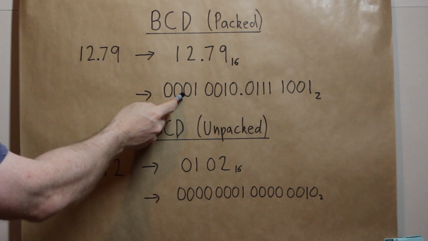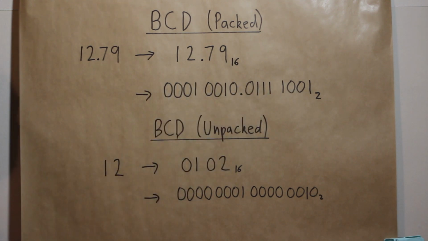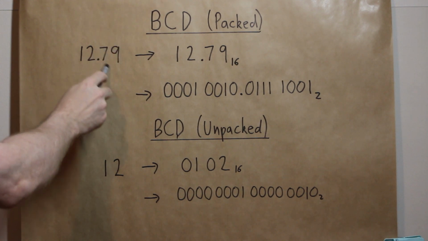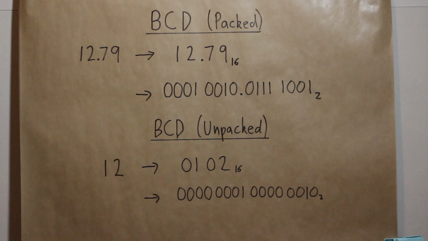So here I have the digits 1, 2, 7, 9. This value is exactly representable in this binary coded decimal format. And this is important for financial applications. You can imagine if these were dollars and cents, you don't want to use some slightly incorrect value once you switch over to strings of zeros and ones.